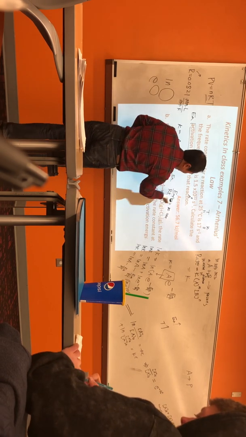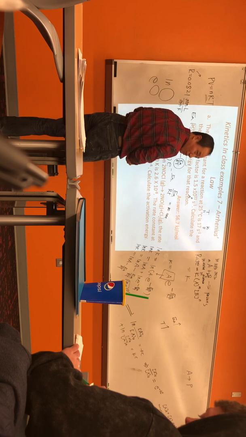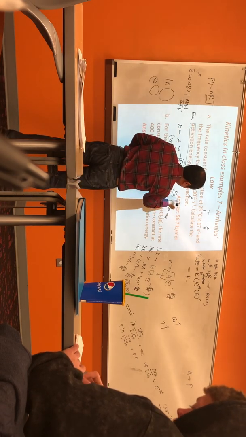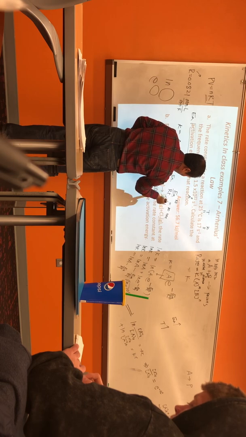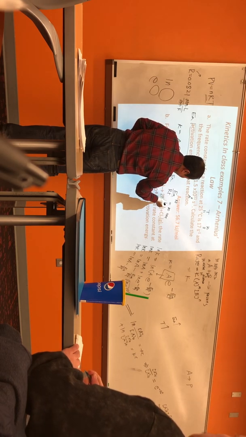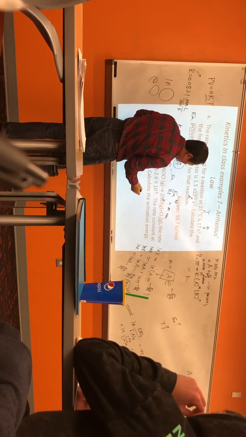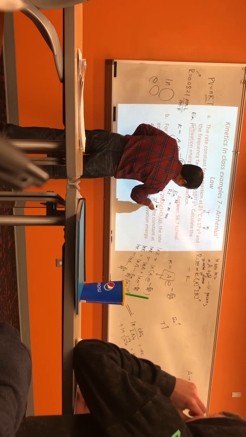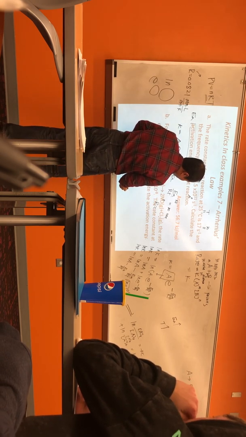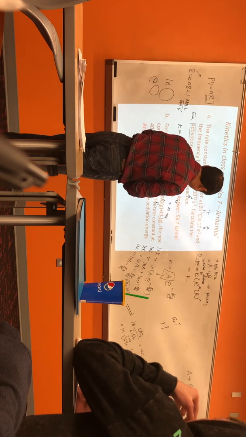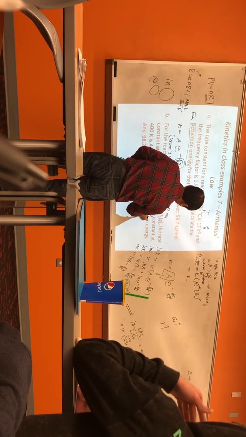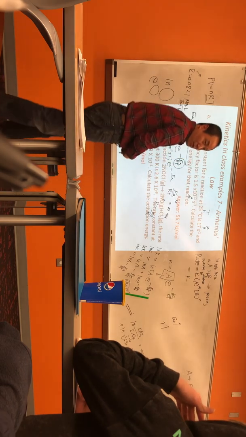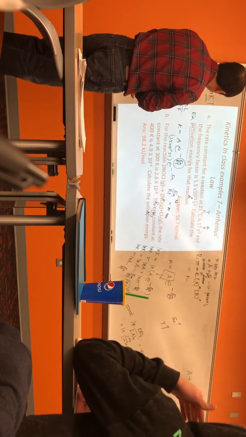But I know activation energy has a unit, which will be kilojoule, and R has a unit, and temperature is in K. So the unit should be kilojoule over Kelvin, and there should be more somewhere.